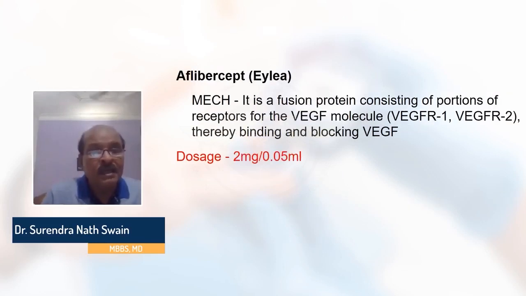Aflibercept, that is Eylea: its mechanism is that it is a fusion protein consisting of portions of receptors for vascular endothelial growth factor 1 and vascular endothelial growth factor 2, thereby binding and blocking vascular endothelial growth factors. The dose is 2 milligram in 0.05 ml.